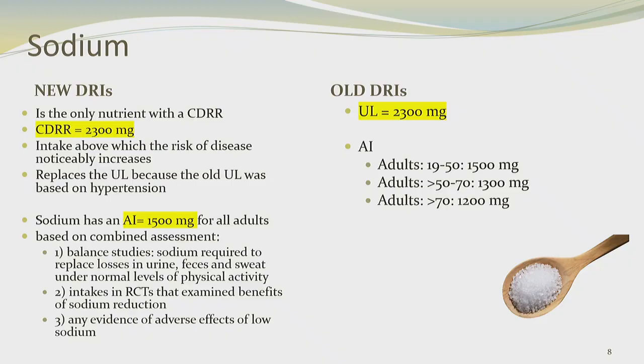So based on this examination of the data, a new AI was set at 1,500 milligrams for all adults. And the previous AIs recommended lower intakes of sodium for older adults, but the current scientific evidence does not support the need for this additional reduction as well.